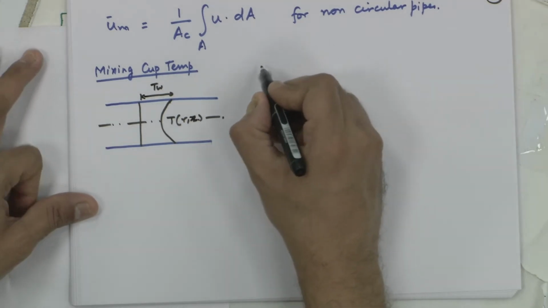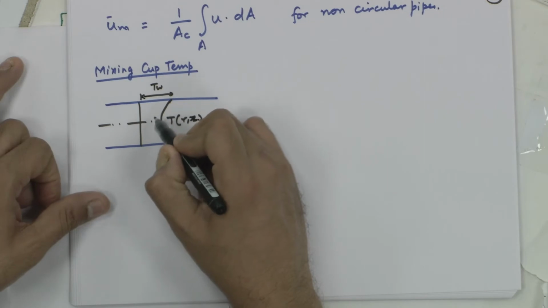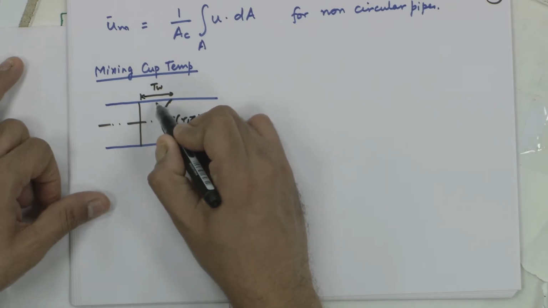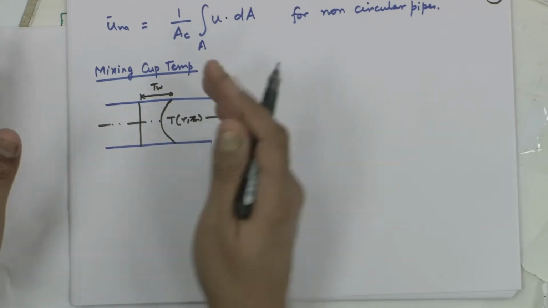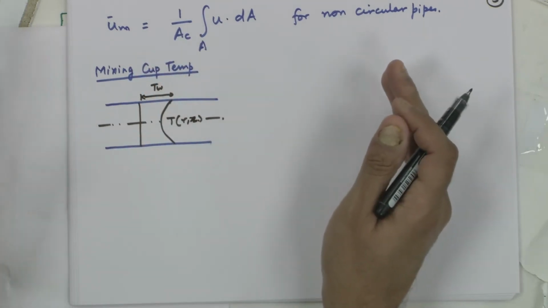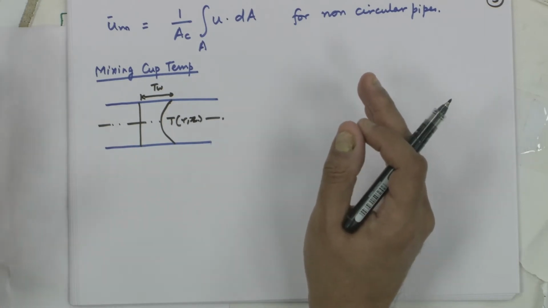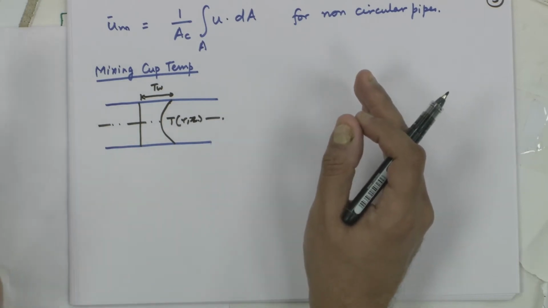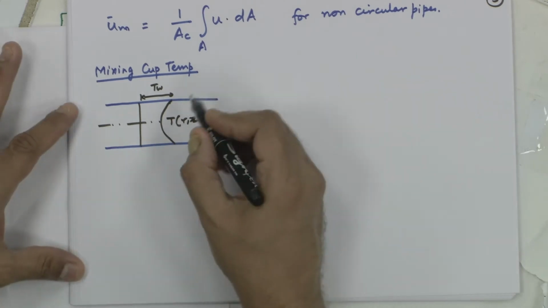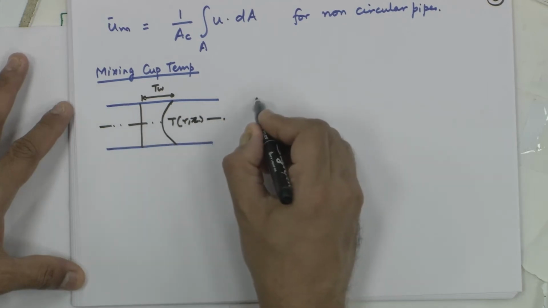My heat transfer is associated with the temperature difference between the wall and the fluid. The energy carried by the fluid is m dot into local enthalpy, which is m dot into Cp into T. But the problem is that the temperature is varying, so every elemental strip here has a different temperature.